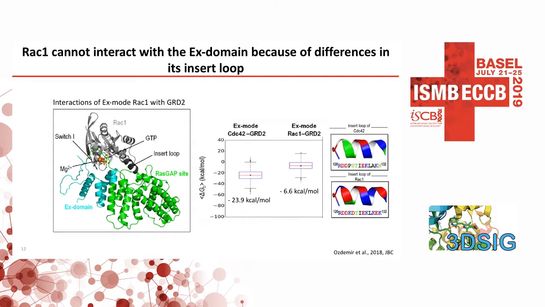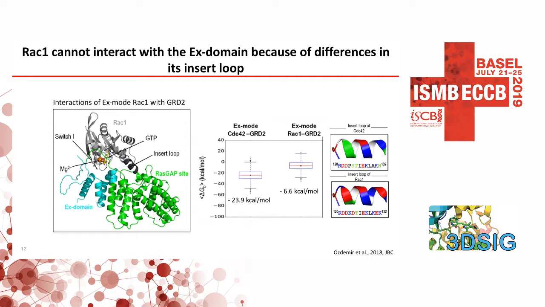So the insert loop is different from CDC42. And when I compared the binding free energy, the binding affinity between RAC1 and the EX mode is quite, let's say, smaller than the affinity between CDC42 and GRD2. And when I compare the sequence of this insert loop of CDC42 and RAC1, you can see that there are charge reversal differences between these two regions.